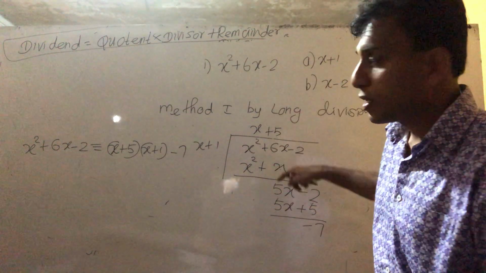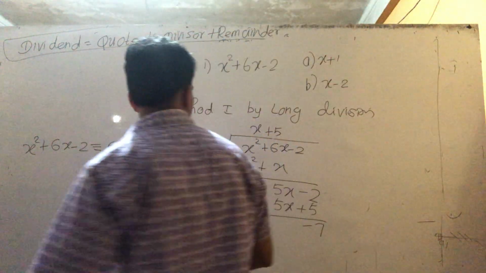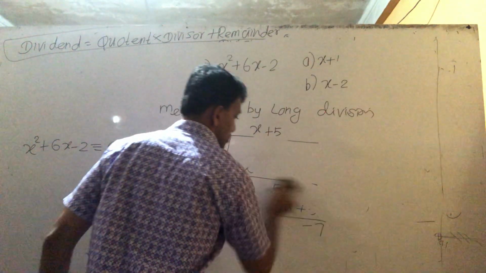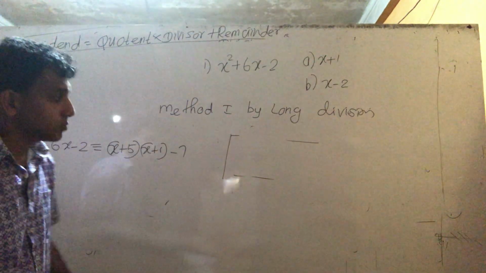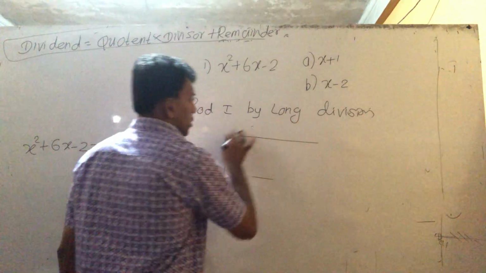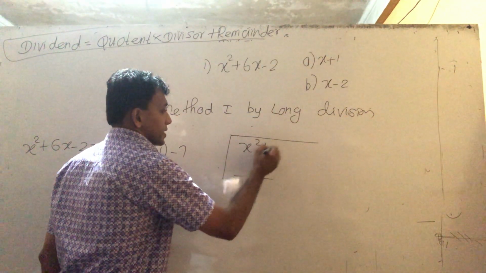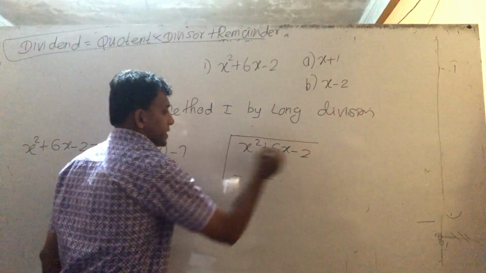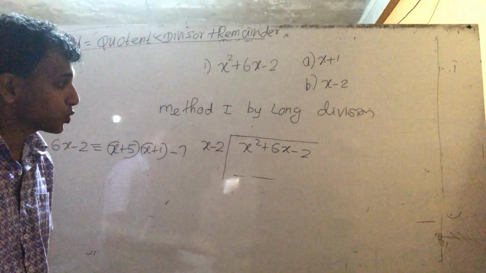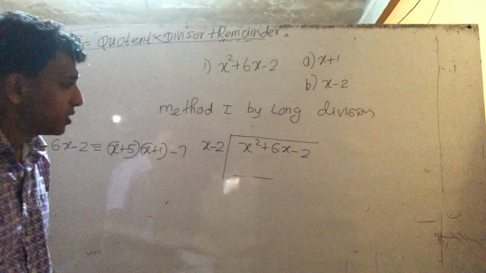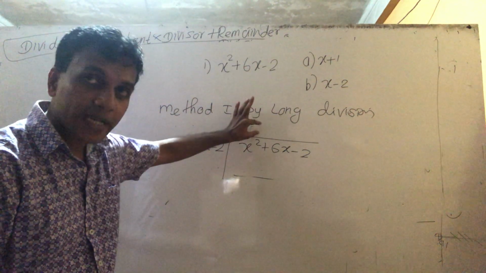Also I show this once again: divide the same x square plus 6x minus 2 by x minus 2. Follow the same idea. Quadratic divided by a linear, the answer is a linear.